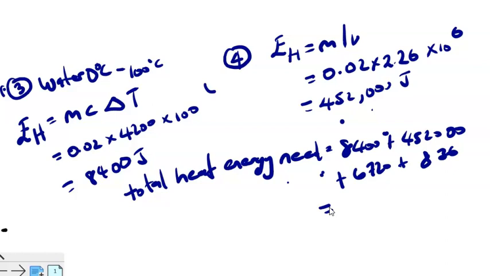So let's add up everything there. And we end up with this as being our answer. So to move from negative 20 degrees ice to reach 100 degrees Celsius steam, that's the amount of heat energy we need to move 20 grams.